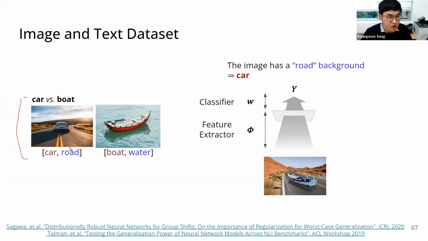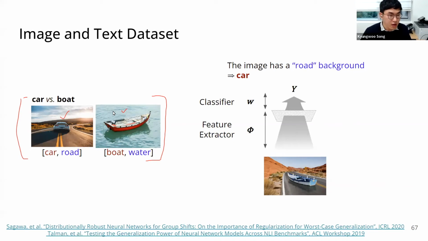The left figure denotes the training dataset. If we collect the dataset without any consideration, the background of most car photos is a road. Similarly, the background of most boat photos is water. In this case, the machine might focus on the background because the background is a distinct feature, and it is enough to minimize the training loss.